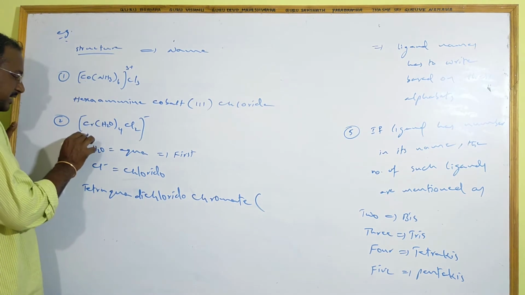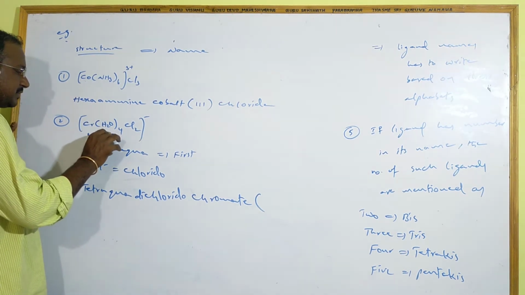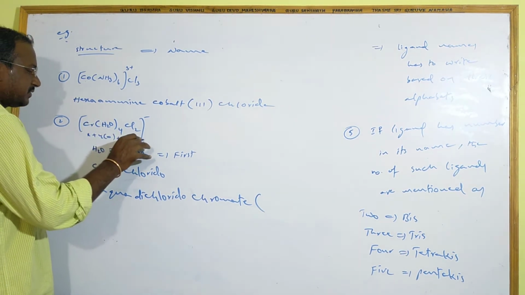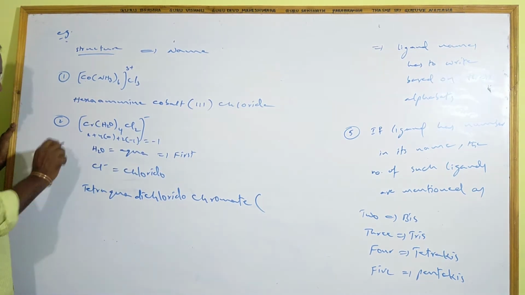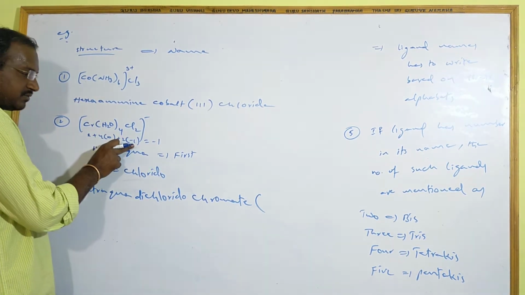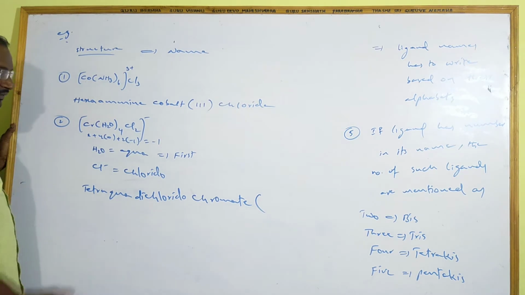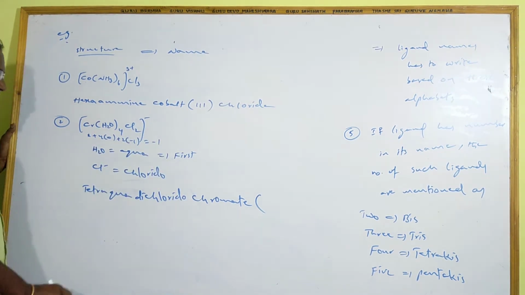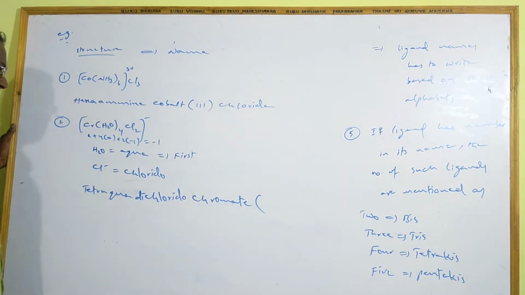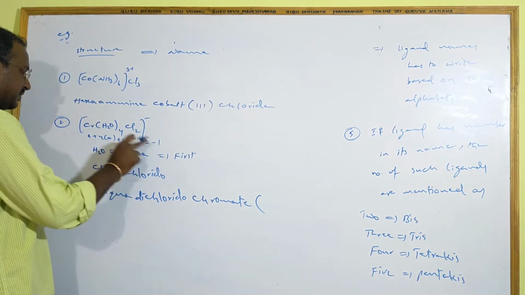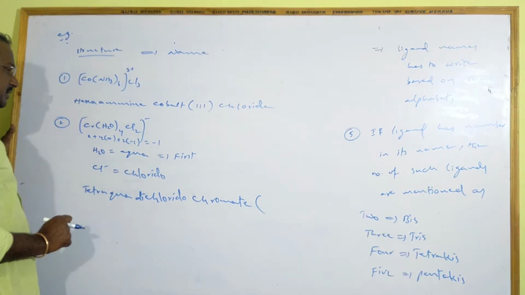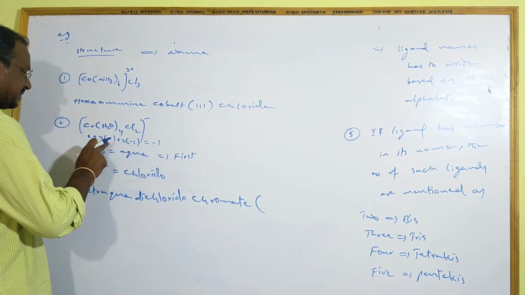Cr x, plus 4 into 0, plus 2 into minus 1, equal to minus 1. So the total charge is minus 3, so the x value becomes minus 3.